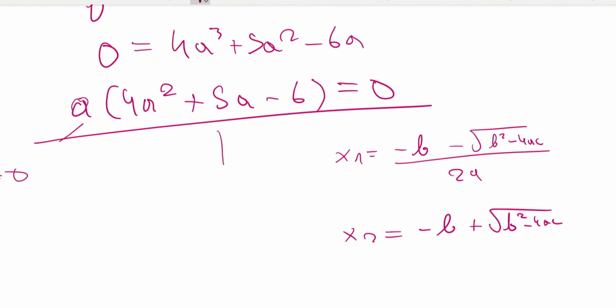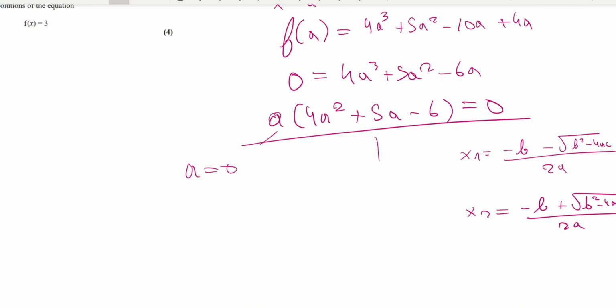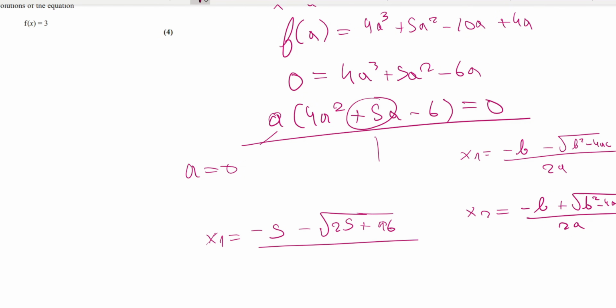So let's start. x1 is going to be, since this is our b, it's going to be minus 5 minus the square root of 25 plus I think it's 96. I'm not sure though. And then 2 times 4 is 8. If I remember correctly, because I did this before filming this, it's going to be 11.